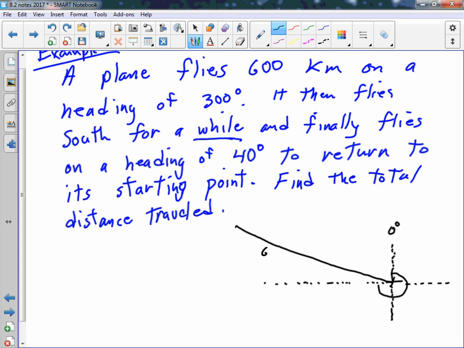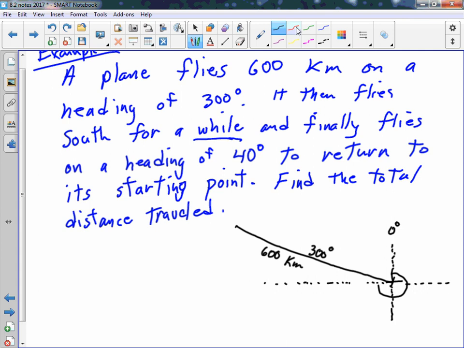So we're flying 600 kilometers on a heading of 300 degrees. So that would be, if we left Monmouth, north and west a little bit. If you're thinking about it as a bearing, it'd be north 60 west.